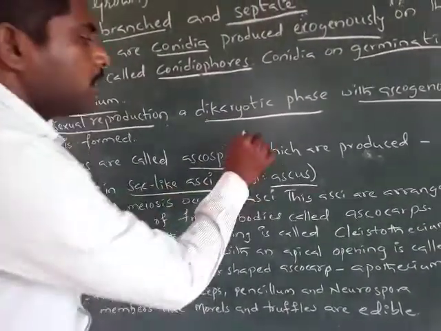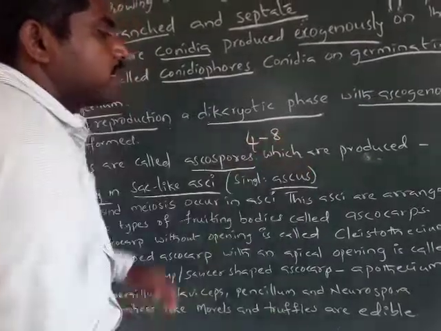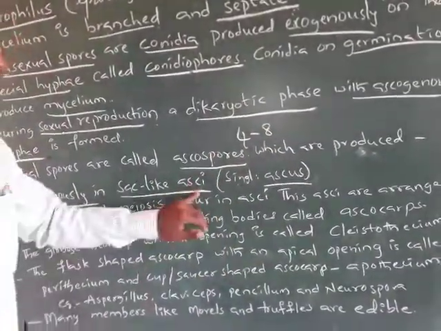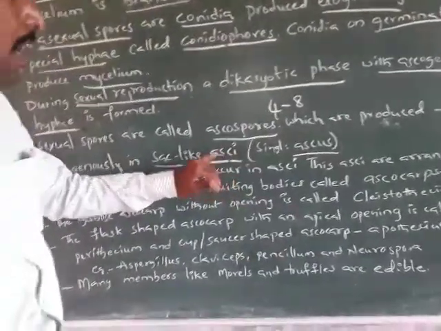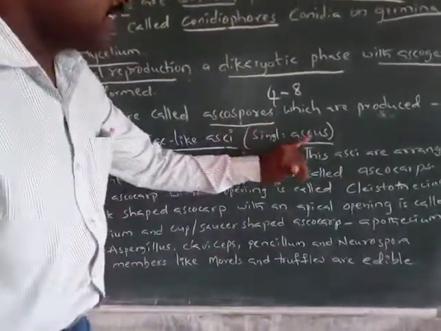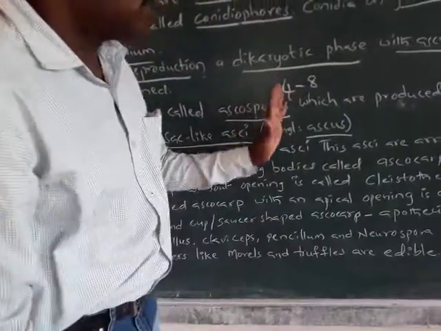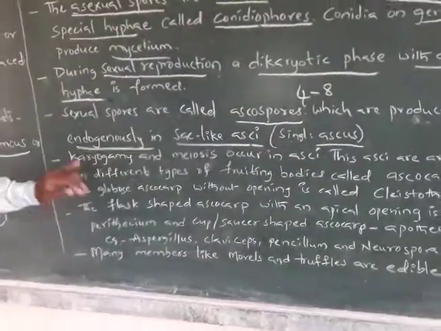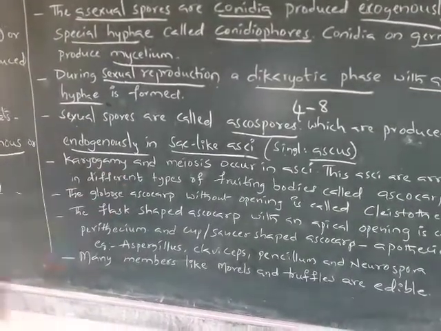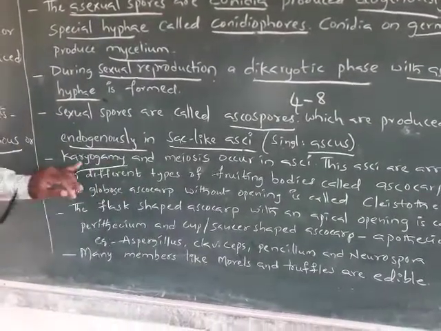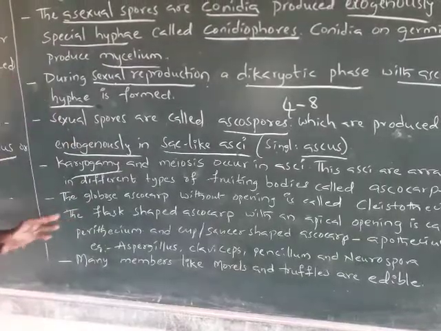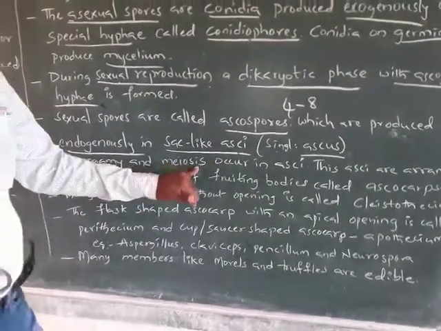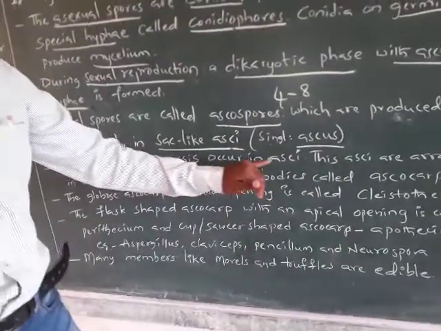Four to eight ascospores are formed in the ascus. Here karyogamy, which means the fusion of two nuclei, and meiosis occur in asci.